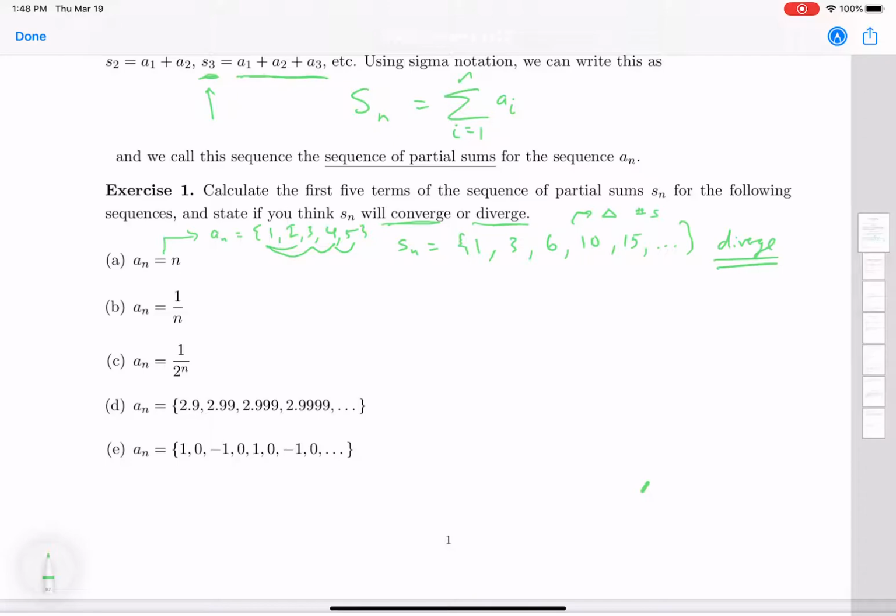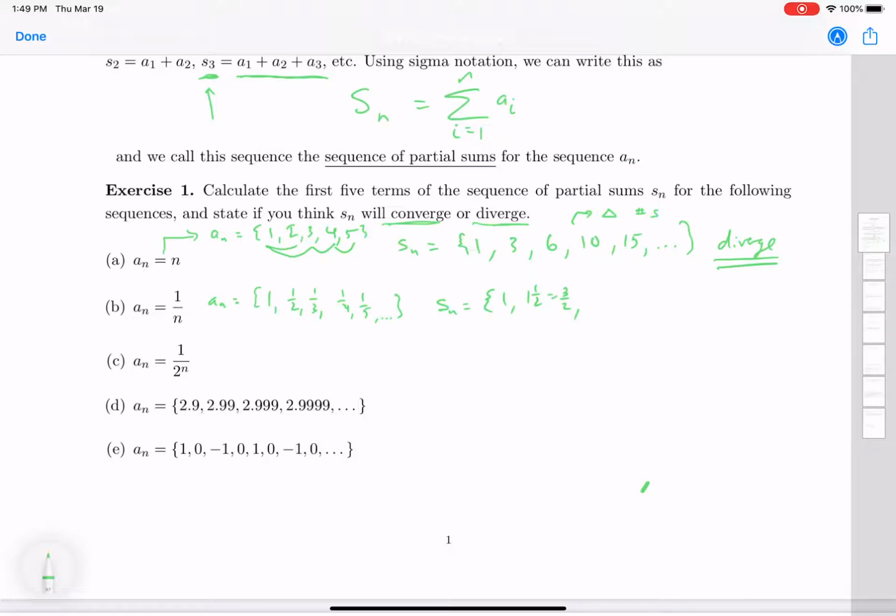which I can tell you about at some later date if you care. Here, our A sub n is going to be 1, 1/2, 1/3, 1/4, 1/5. And our sequence of partial sums for this is going to be 1, and then 1.5, or I guess 3/2 might be nicer.